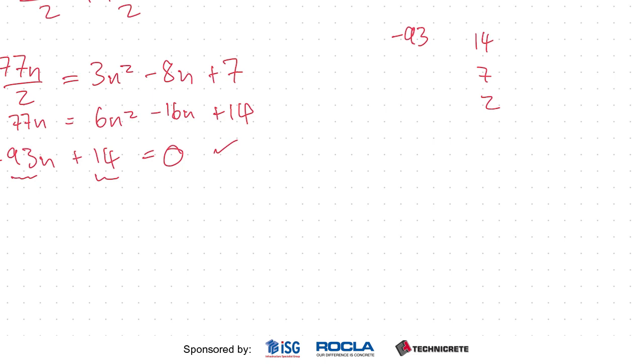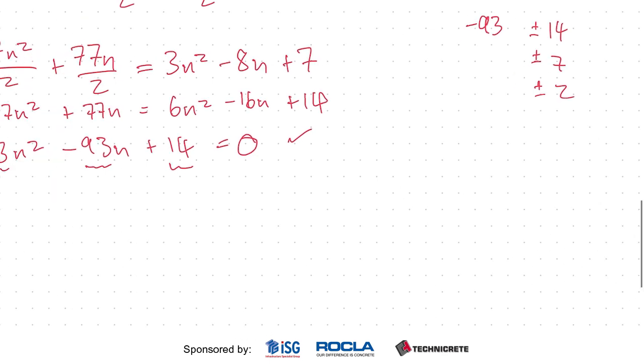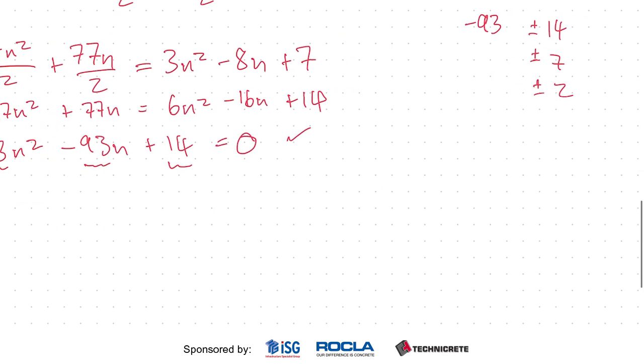And you can try a combination of positive and negative factors. There aren't that many to try. You can also try positive and negative 14 itself.